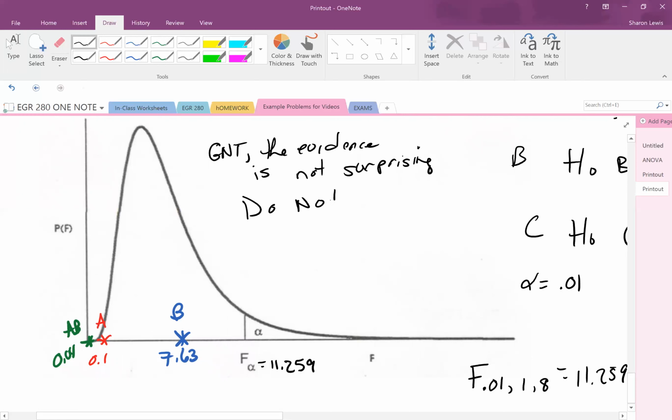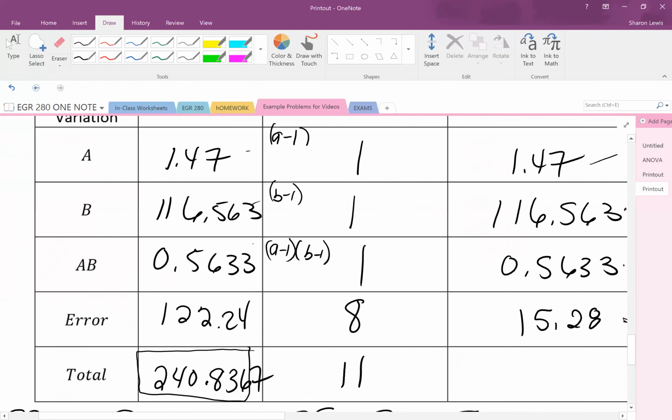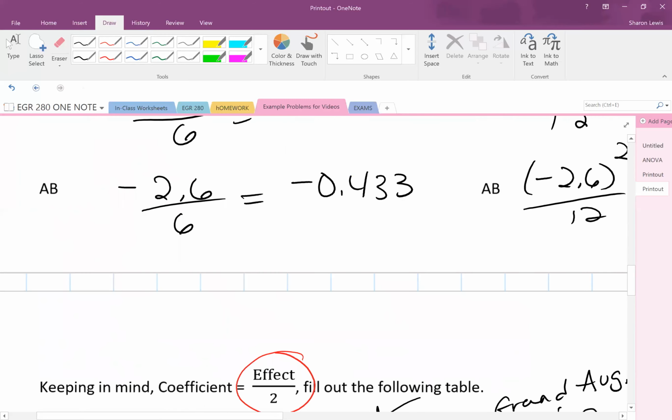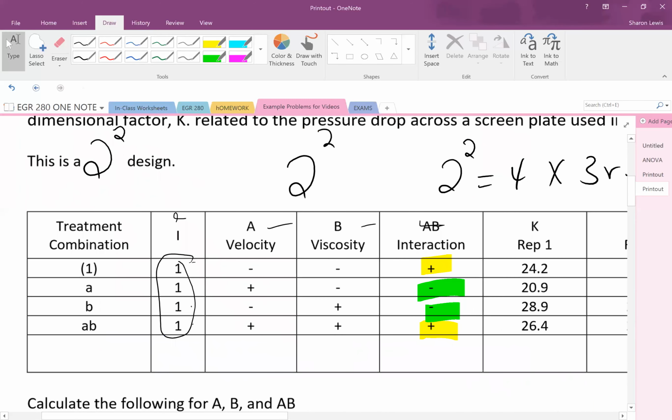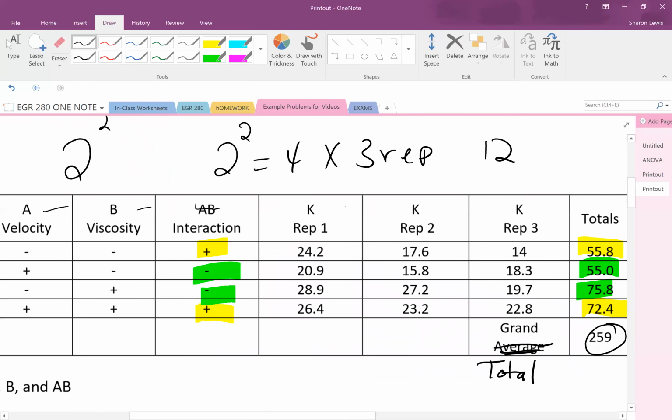And that goes for all three of the nulls. So what this tells us then is that going back to our scenario, the velocity and the viscosity are not significant influencers of K. Thank you for watching the video. I hope that it helped.